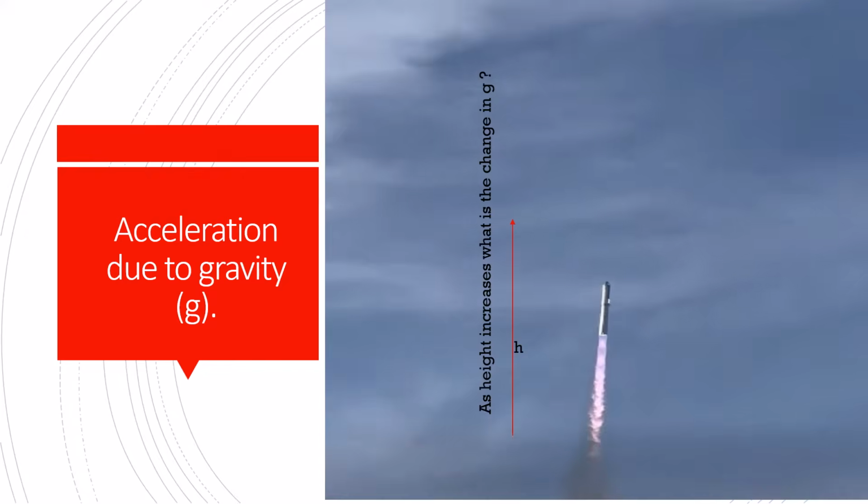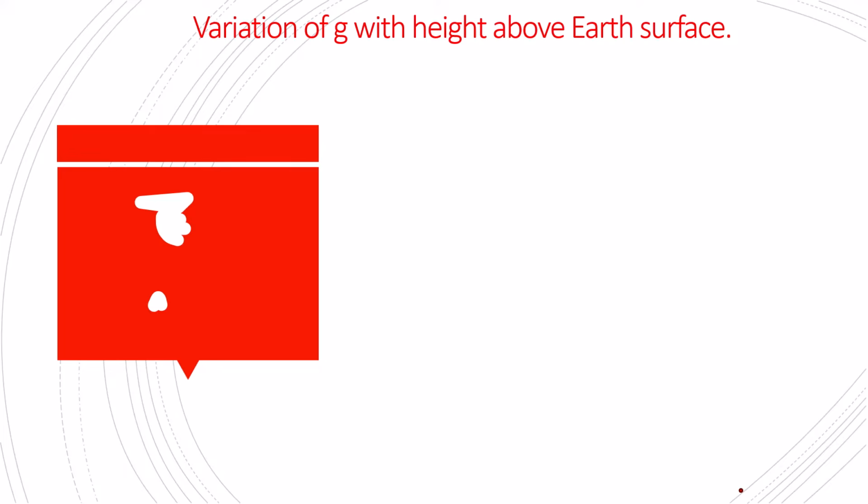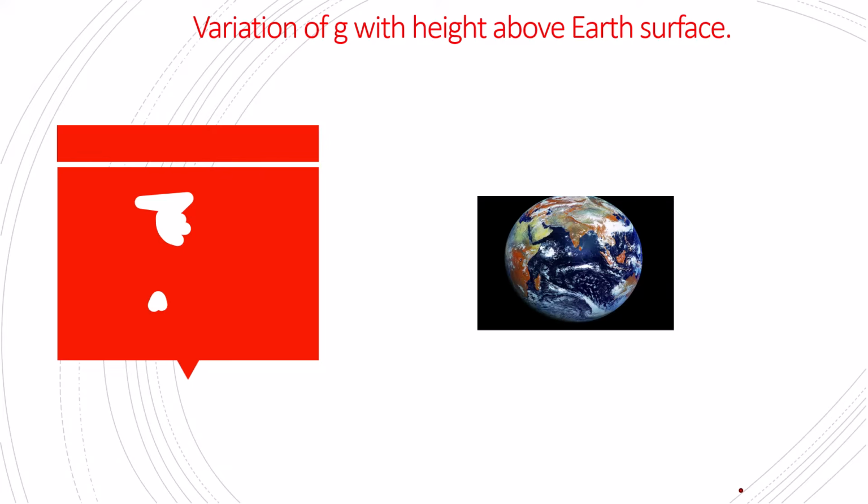We find this value at a height h above earth's surface. We draw the earth. It has a radius capital R and mass capital M. G is the gravitational constant.